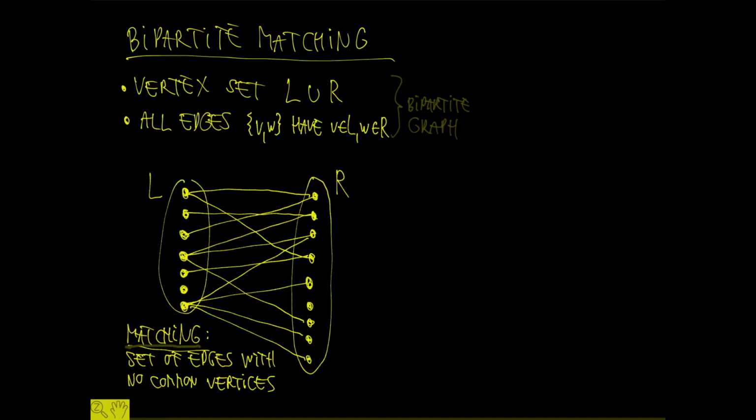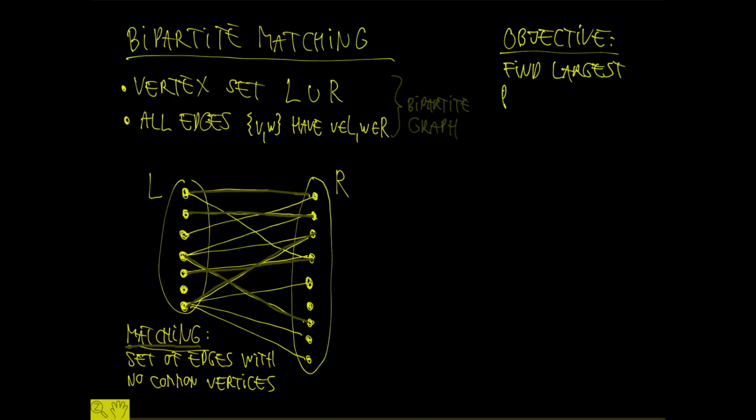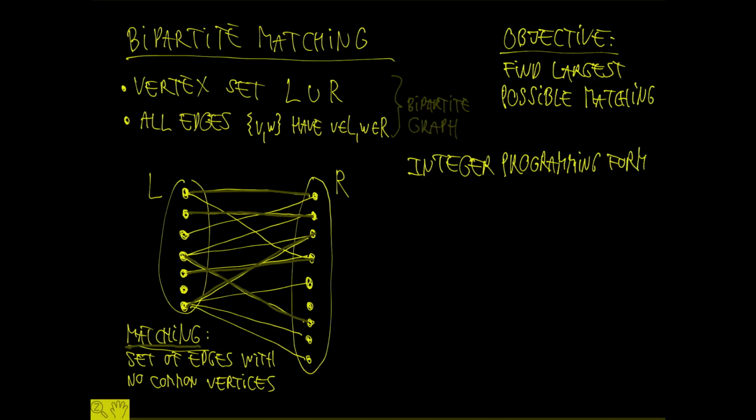So for example, the set of yellow edges I'm drawing now is a matching for the graph. The objective in the maximum matching problem is to find a largest possible set of edges that make up a matching. We can formulate this as an integer program, and we're going to make use of that later.